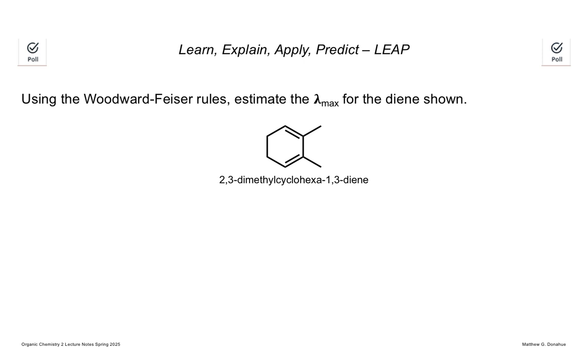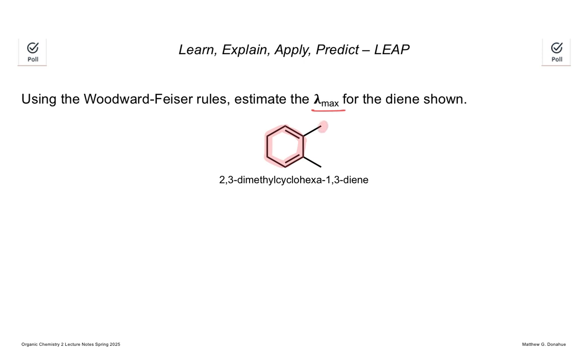So given this molecule, 2,3-dimethyl-1,3-cyclohexadiene, what would you estimate lambda max to be? So really it's about identifying, what are you starting with? Are there auxochromes? Then add those. So here we can see that starting diene, it's tied together, so that's homoannular.